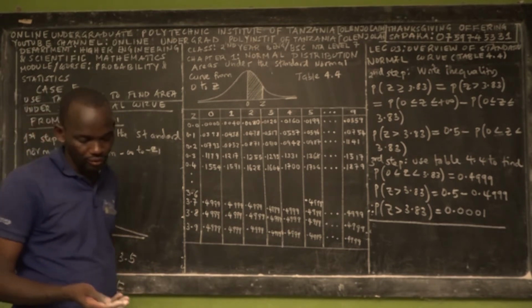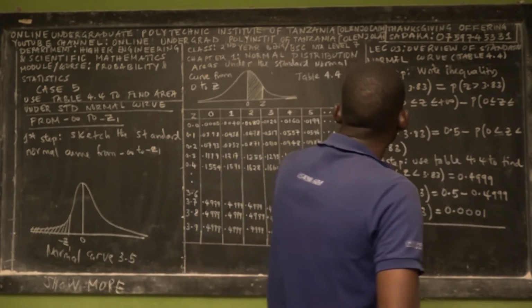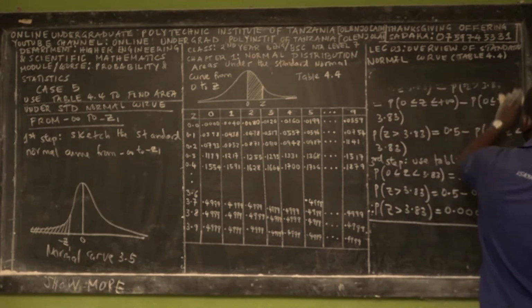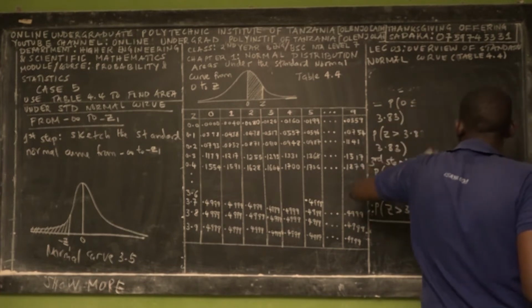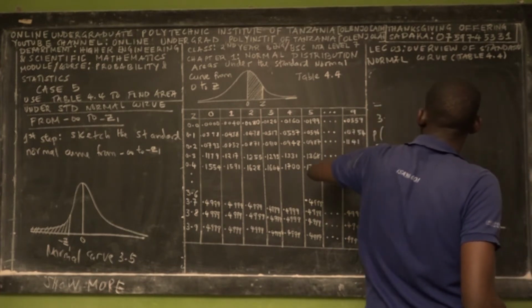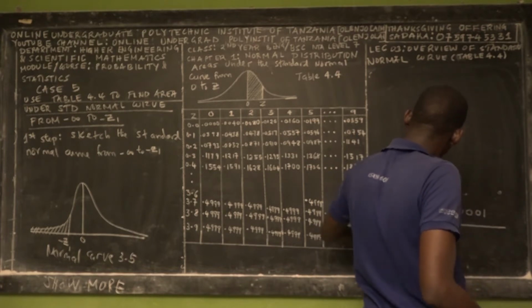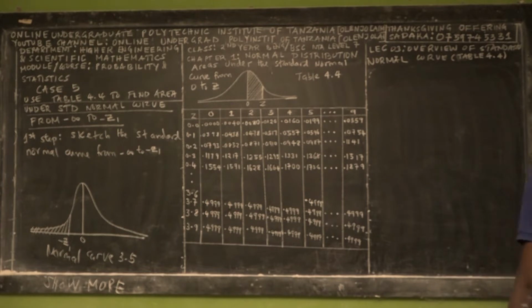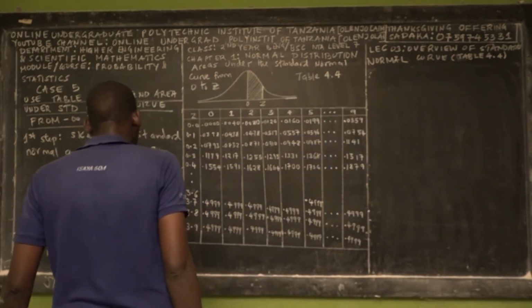gives us probability only for positive values. Okay, so that's the first step.